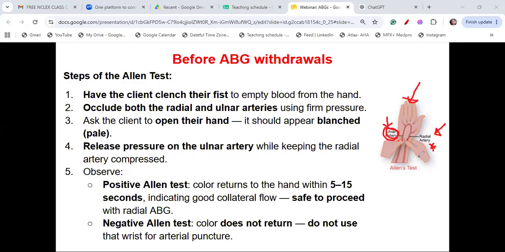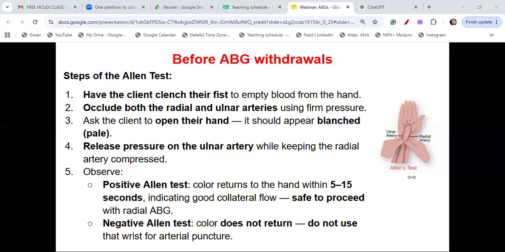That means you cannot use that wrist to take blood for ABG. I hope that is clear. Should you come across any question that asks about that, it's important to know what Allen's test is all about. But our focus today is to look at the ABG itself. This is just a test that outlines if you can go ahead and take a sample from that radial artery.